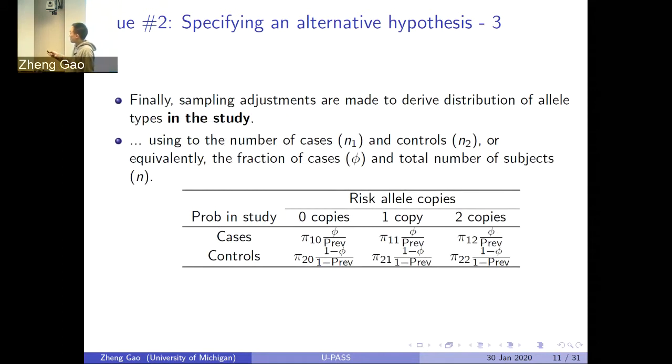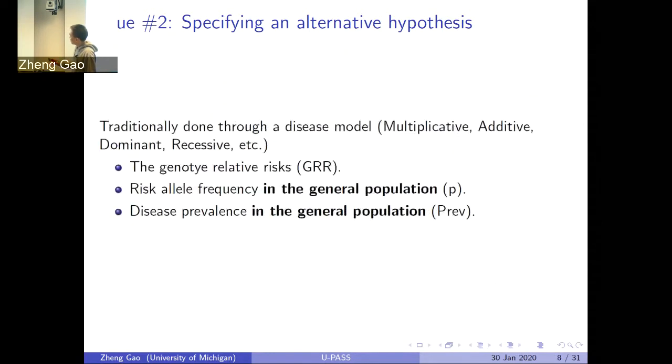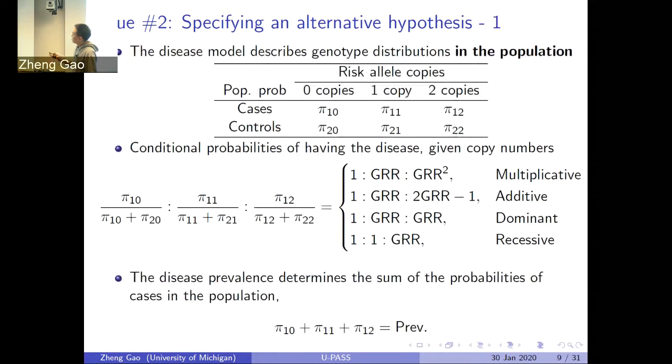Now, that's not all. When you have these three numbers, you have this 2 by 3 table, but that's for the population. That's not for the samples that you collect. Imagine if you have very few cases in the population, then the sum of these three numbers will be very small, right? Close to, let's say, 1% or 0.5% in the population. That's how many people in the population develop the condition. But in your study, you typically oversample the cases if you have rare diseases.